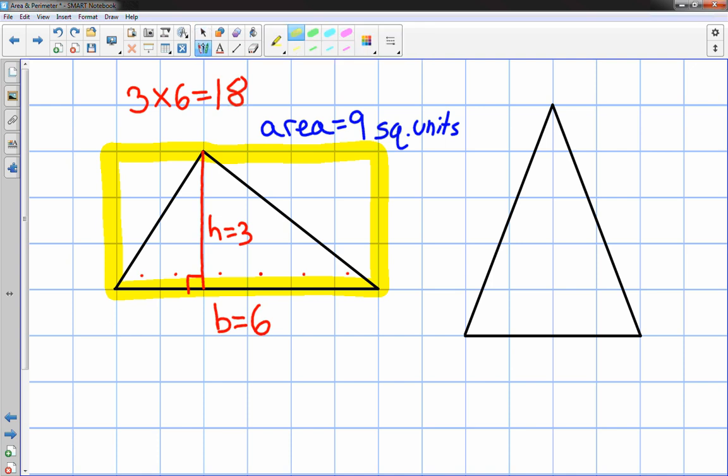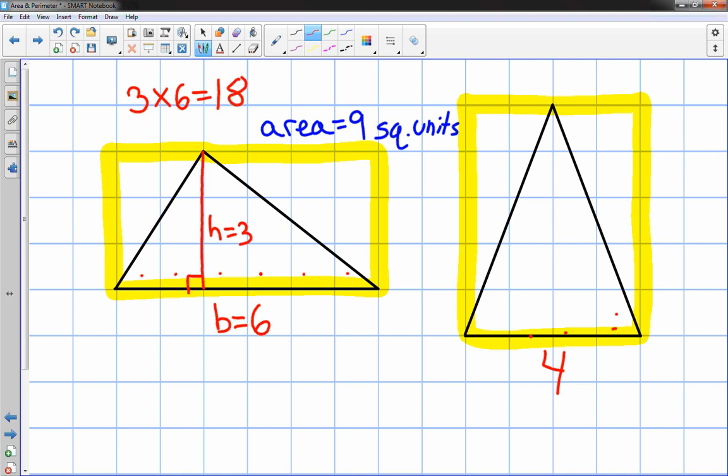Try this other triangle here. Again, imagine it's inside a rectangle, something like that. I'd make a habit of just maybe trying to draw it out or box it in. And how long's the base? Looks like it's 1, 2, 3, 4. Base is 4. How tall is it?